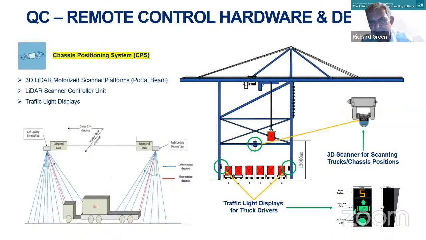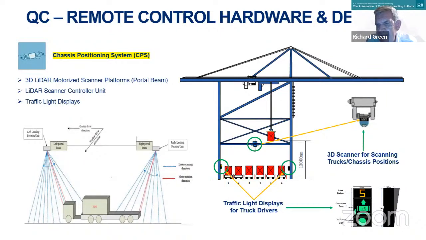Right, remote control, hardware and devices, chassis positioning system. If you look over on the right-hand side of the screen, you'll see these red boxes with X's on them. These are the containers on the trucks that are maneuvering beneath the key crane. So out to the right is the C, and the two legs on the two portals, two portal beams, those are the supports for the crane. So we've got traffic light displays on the portal beams, so the drivers can get some idea as to where they are, if they're in the right position.